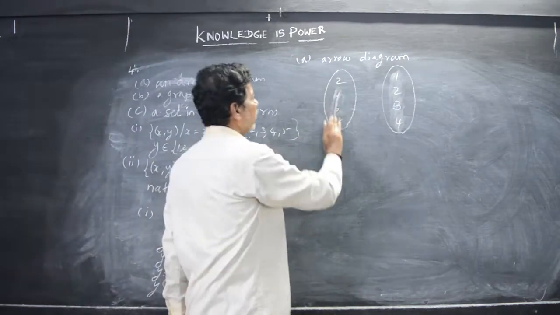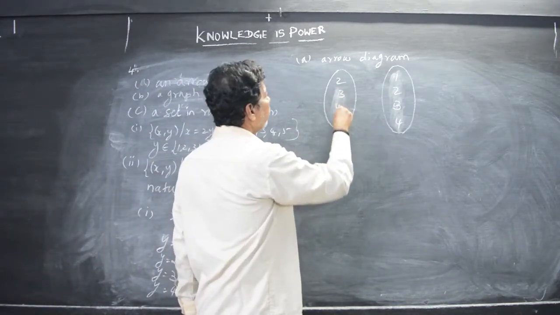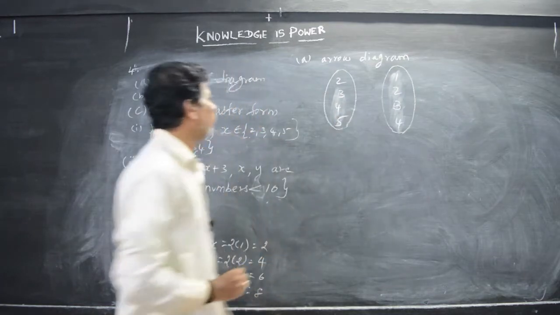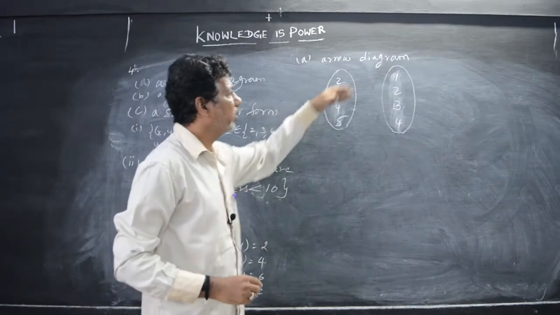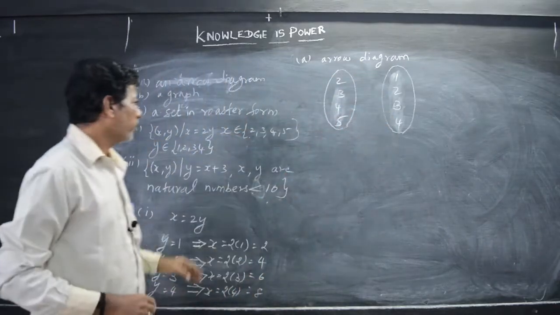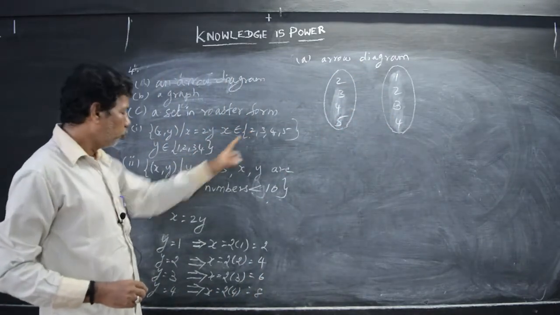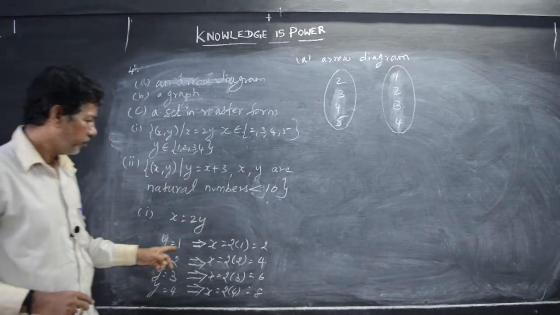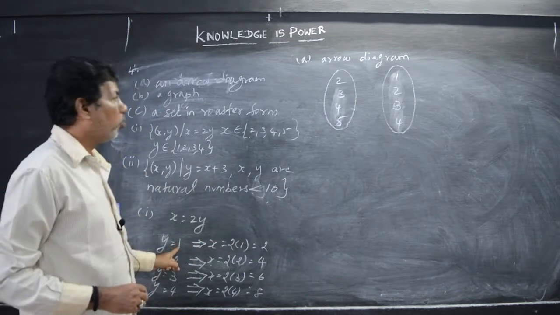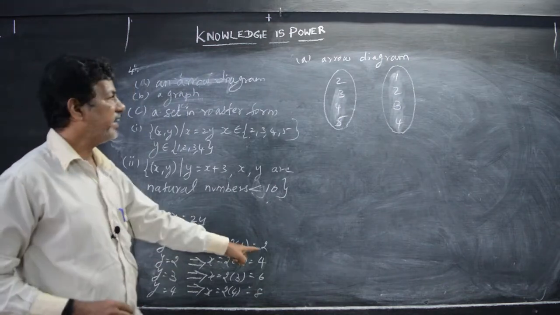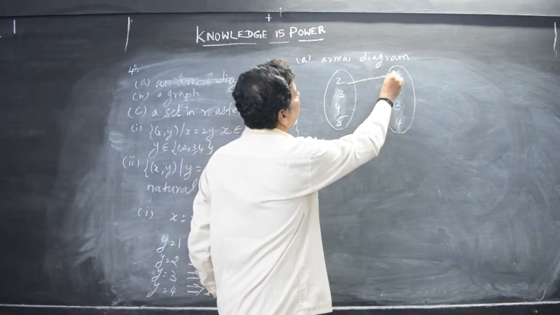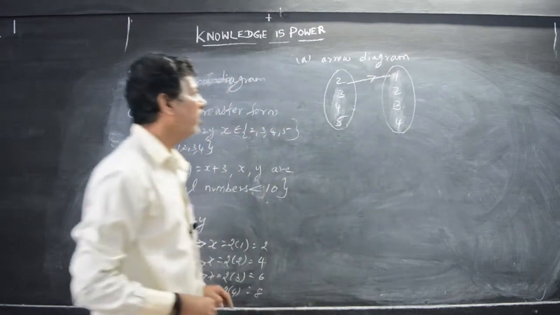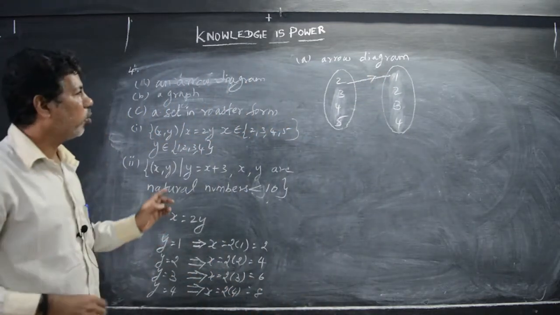Not 2, 4, 6, 8, but the given ones, 2, 3, 4, 5, and 1, 2, 3, 4. So if you substitute, what is the answer you are getting? If the y value is 1, you are getting the answer as 2. Okay, put the arrow mark for them. Then what is the answer?